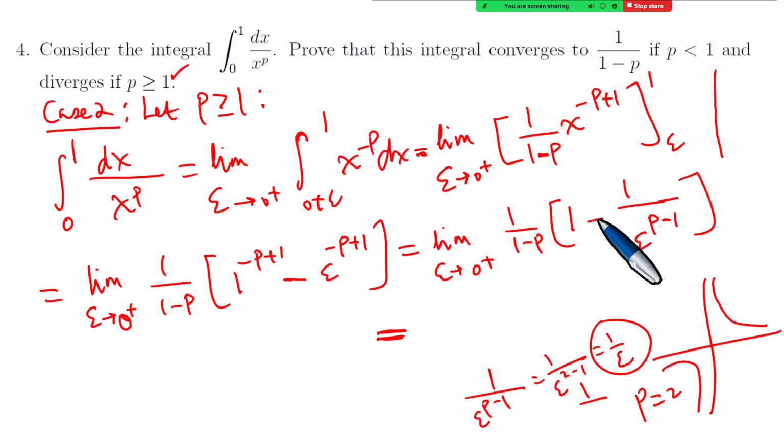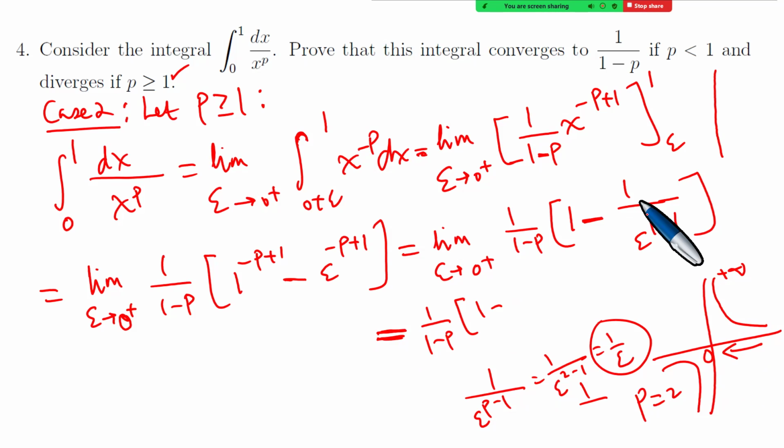When this is the case, this kind of graph, when epsilon approaches 0 from the right, this is the origin, from the right, this graph approaches plus infinity. So it's 1 minus that.